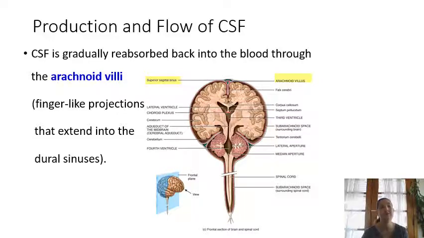So to get the CSF back into the bloodstream, it enters through the arachnoid villi. So arachnoid villi, you can see, are located right up top here. Arachnoid villi at the top of the brain is where we allow that cerebrospinal fluid to re-enter the bloodstream so that it can be filtered and cleaned.